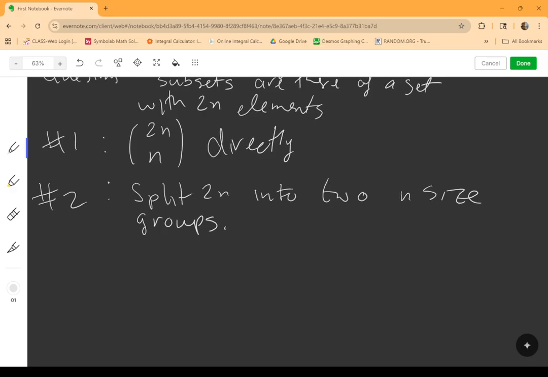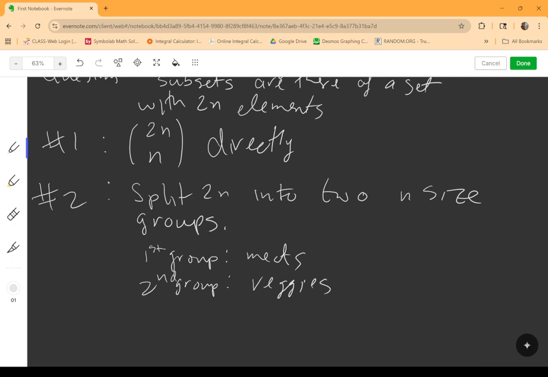Now, if we think of this in terms of pizza toppings, you can think of the first group as meats, and then the second group as veggies. And then I want to see how I can construct pizzas with n toppings in them, given that I have these groups to choose from.